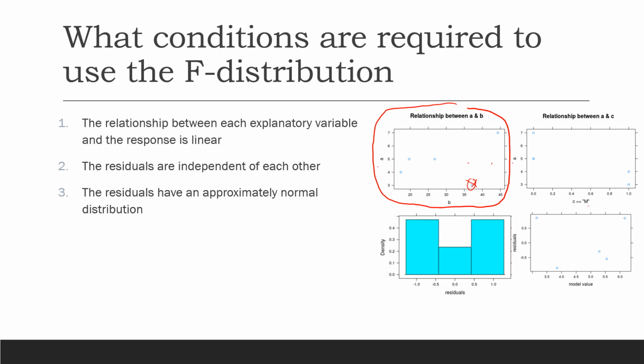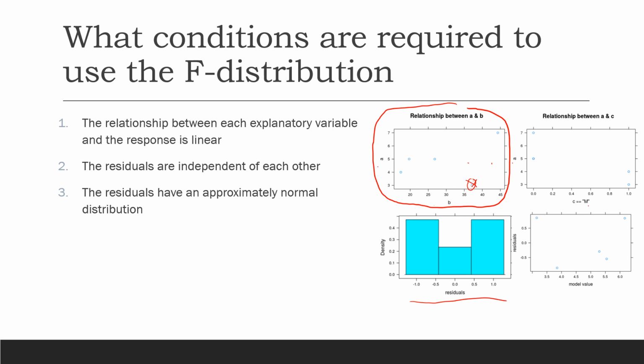Another assumption for using an F distribution is that the residuals have an approximately normal distribution. Again, this is very hard to judge if you have a very tiny data set like we did. You can see here is my histogram of the residuals. It doesn't look particularly normal, but again, I only have 5 data values, so it's a little hard to judge.